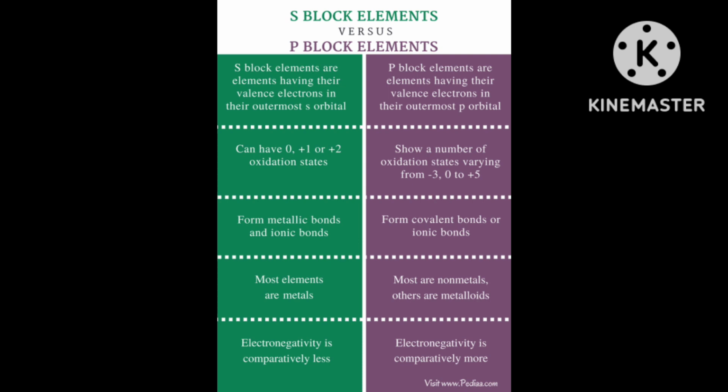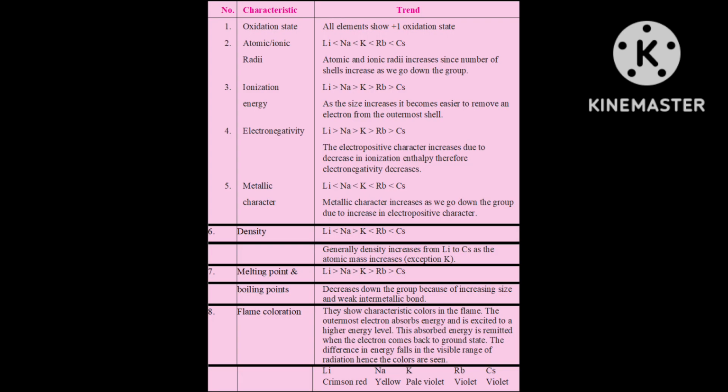Heat it absorbs means a certain wavelength it has absorbed, and every wavelength has a specified color. That color it will show when it comes from the higher energy level to the ground state, means the lower energy level.